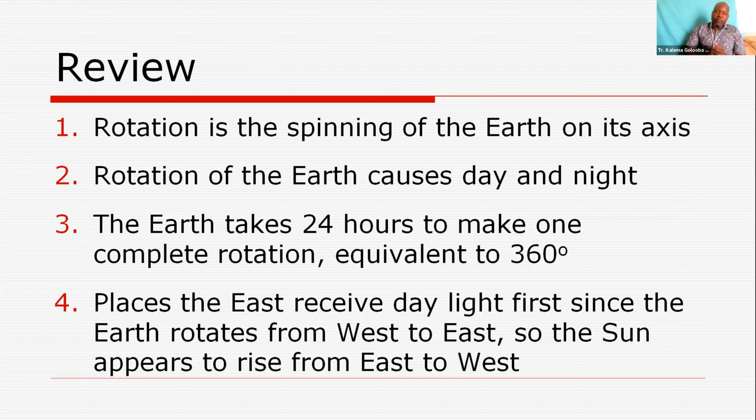So now, since for us who are on planet Earth, we perceive the sun to be moving from east to west, it can only mean that the Earth is spinning from west to east in the opposite direction.